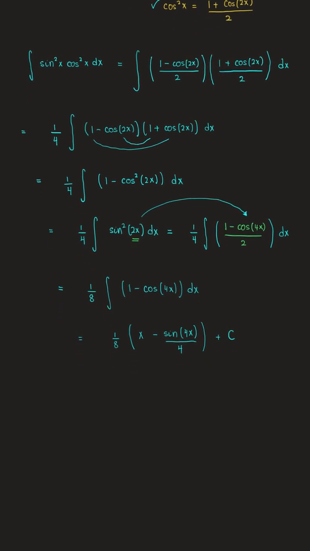And so our final answer will be 1/8 x minus sine 4x over 32 plus c. So this time we had to use power reduction identities more than once, and every time we use it, the angle has to double.